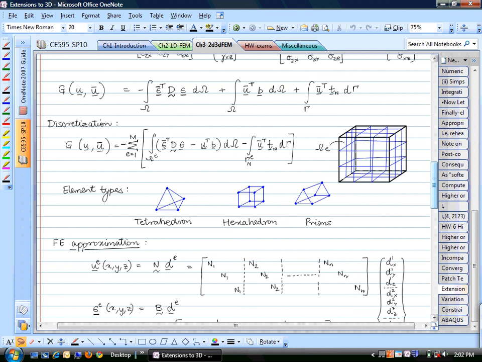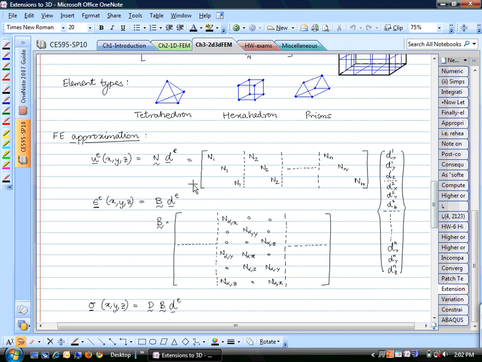But essentially, once you have this weak form, once you have this divided up into elements, all that you do is your same finite element approximation, which is shape function matrix times the degrees of freedom vector. So how many degrees of freedom will this thing have? 24, right?